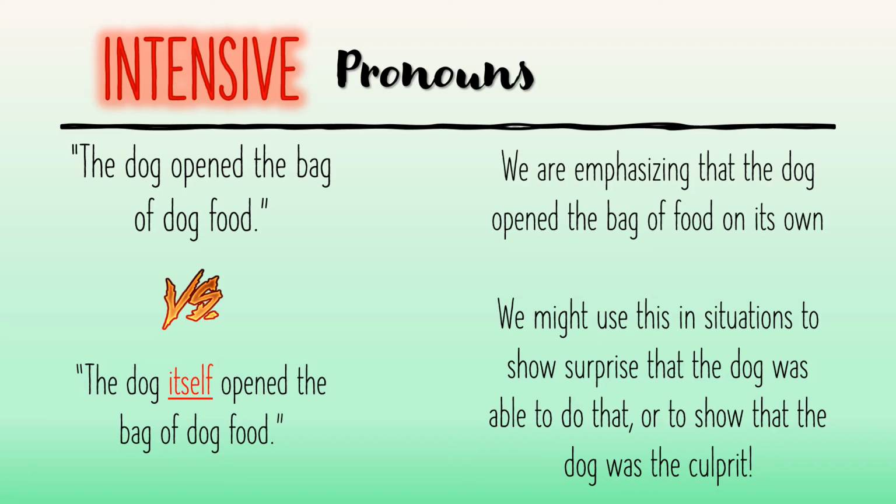We might use this in situations to show surprise that the dog was able to do that, or to show that the dog was the culprit. If your parents came home and there's a huge mess and they say, so-and-so, you opened this dog food bag and it's all over the floor, you might add this intensive to really emphasize, no, the dog did it. It wasn't me.